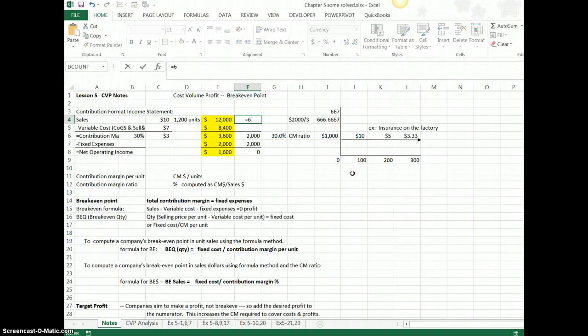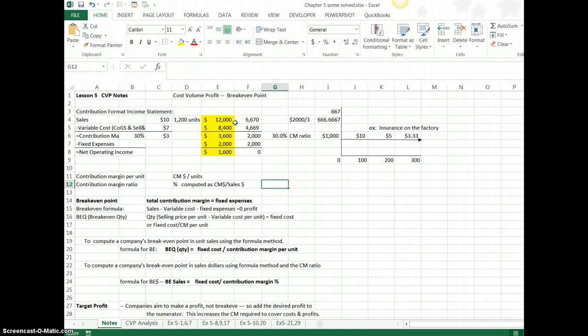So if I take 667 units and I multiply by our selling price of $10 a piece, and then if I take those same 667 units and I multiply it by the variable cost to make each of those units of $7 a piece, let me see, my rounding is just a little bit off. Let me make both of these dollar values, and then we could see how they round up. So in essence, what you see is that I make $1 of profit.